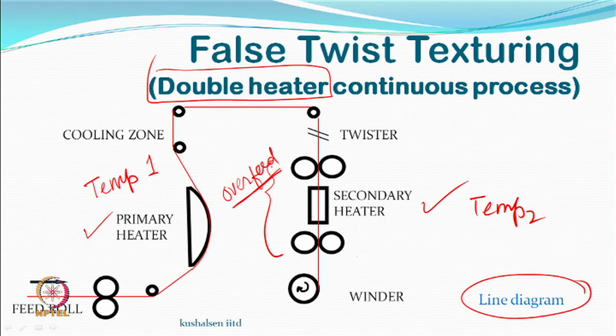It has less tension and therefore the yarn is not fully extended, and because the yarn is not fully extended, it is going to be set in a partially extended condition in the secondary heater, and if time, temperature and other conditions are optimum, then modification will take place.